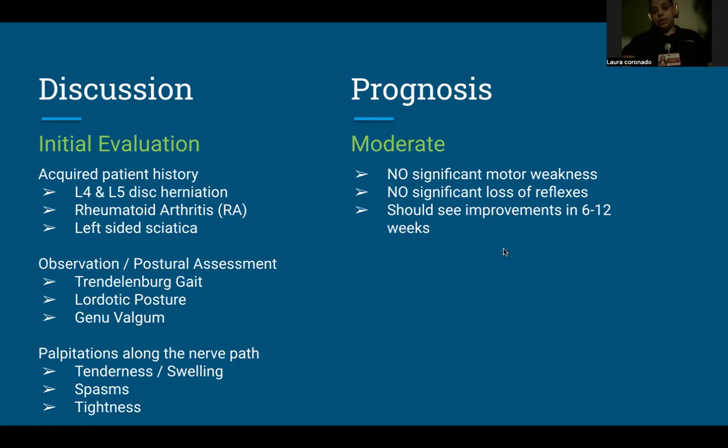Immediately after our first session together, she did feel improvement. She said that she was able to walk with a little more ease. Obviously, she was still in a lot of pain, but she did notice an immediate difference. And then I would say she's probably had about 8 sessions at this point, and she continues to be impressed with the mobility that she has now.